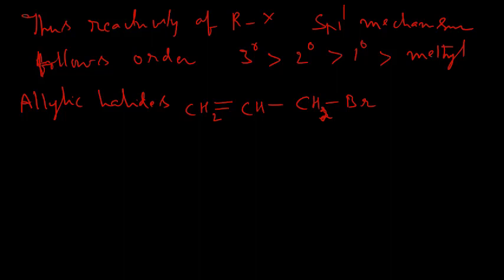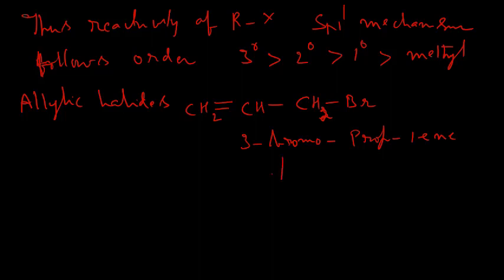Therefore this compound is known as an allylic halide, allylic bromide or allyl bromide. What is the IUPAC name? The double bond is present on the first carbon, and the bromine atom is present on the third carbon. Therefore this is 3-bromoprop-1-ene. So this is allyl bromide.